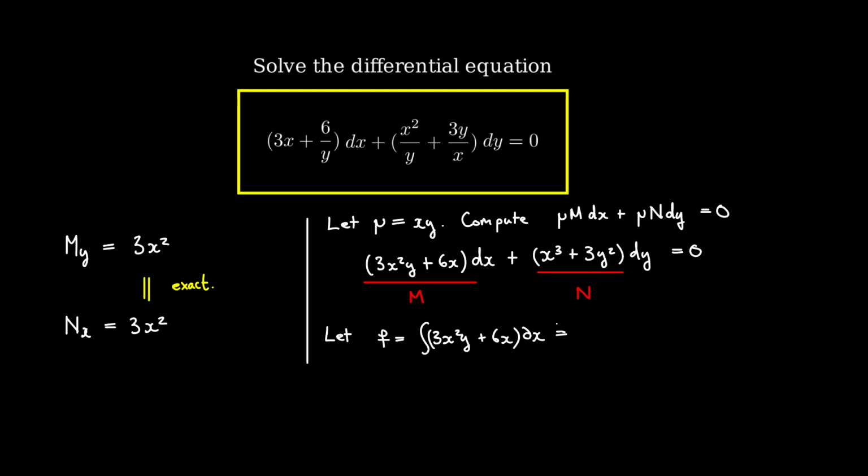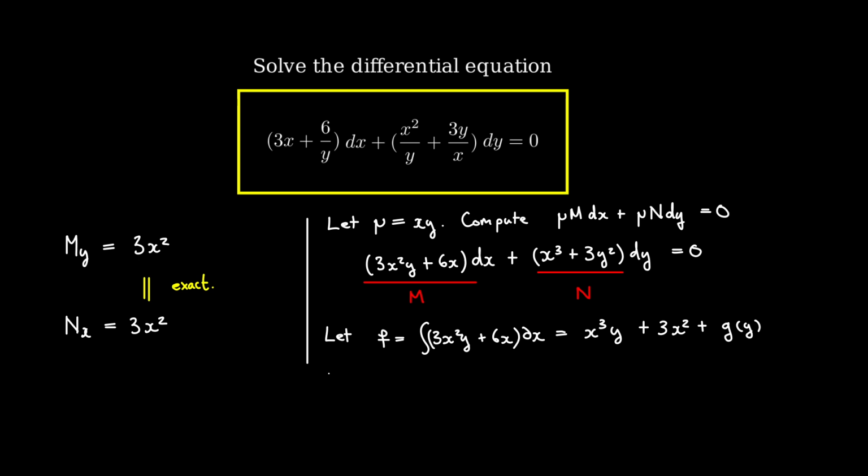But you just treat the y here as a constant. So that here you'll just get x cubed y plus 3x squared plus an arbitrary constant. Now, an arbitrary constant, when you partially integrate, is going to be an arbitrary function of y.